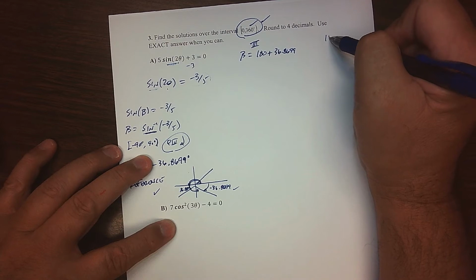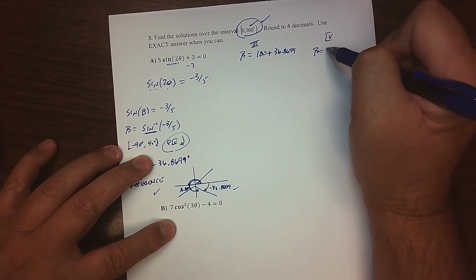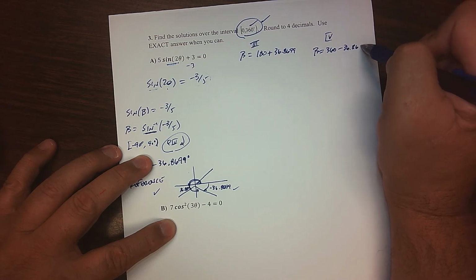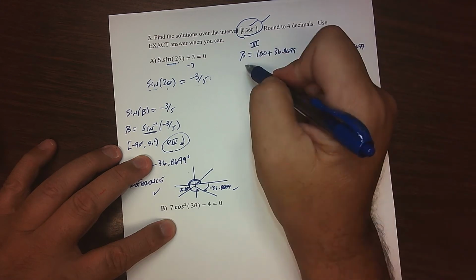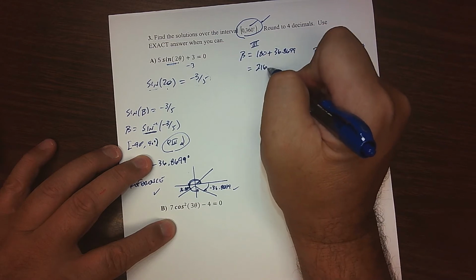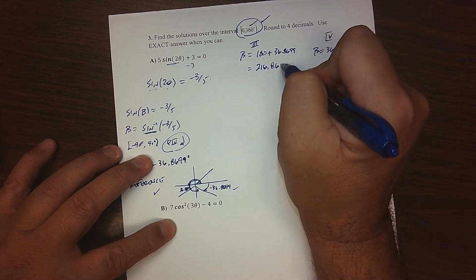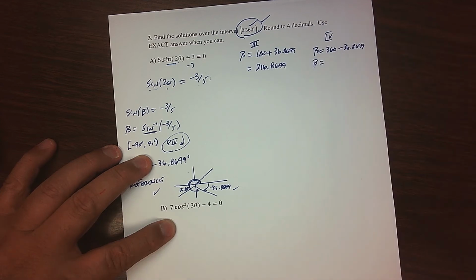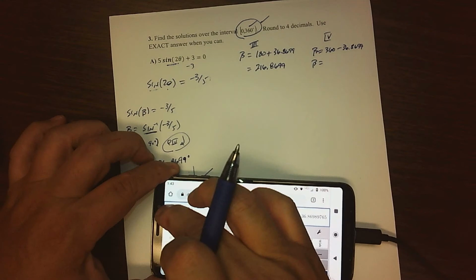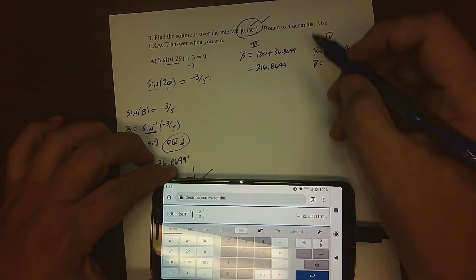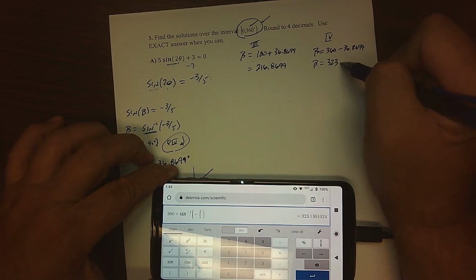And the quad 4 angle, our beta, is 360 minus 36.8699, which is 323.1301 degrees.